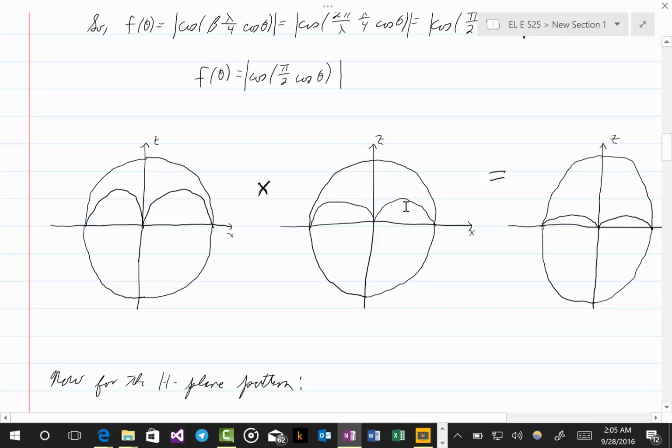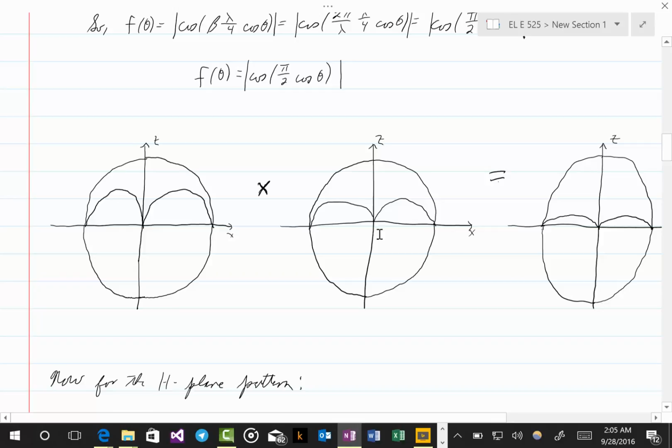And in between there, for values of theta between 0 and pi over 2, we know that the cosine of theta will always be positive in that region, and so we'll have some positive number, and of course it'll also be less than 1 until we get to pi over 2. So here we will have some positive number less than 1 multiplying pi over 2, and then we'll be taking the cosine of that, and so we will get positive numbers here, in between 0 and 1.